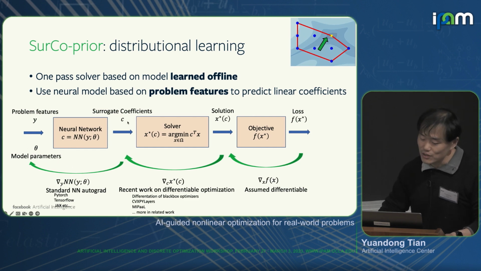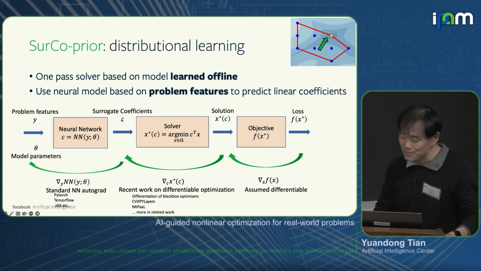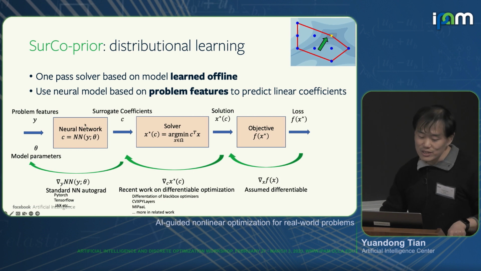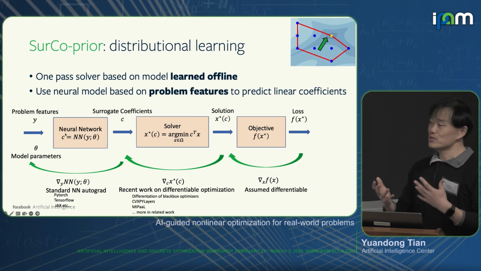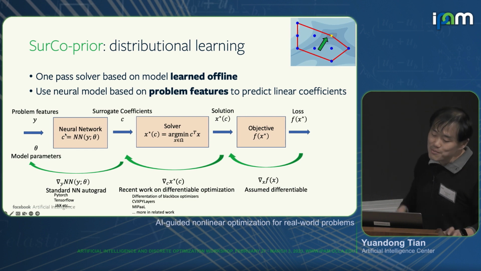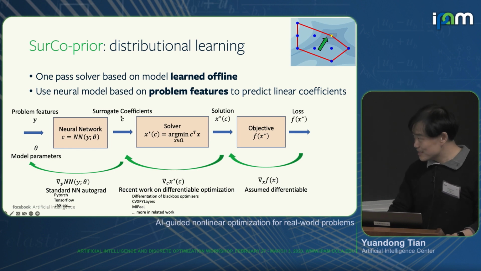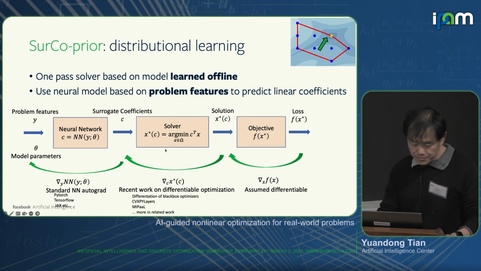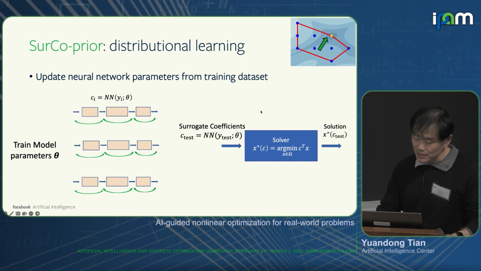Instead of learning the surrogate coefficient C in order to get the optimal solution of one nonlinear problem, we actually get a neural network that maps the problem feature Y to the surrogate coefficient C. Because this neural network is learned, for a new problem with a new description Y, we can directly plug in this problem feature Y, and the neural network will directly give you the surrogate coefficient C, which is useful for solving the new problem using the linear surrogate optimization.